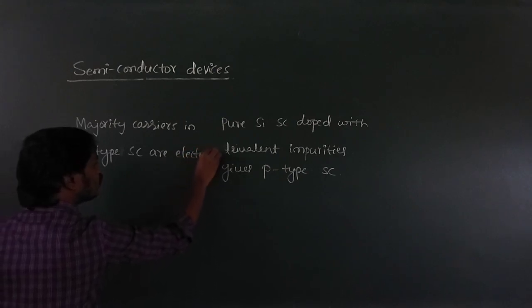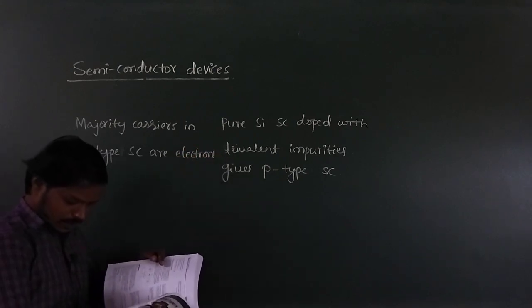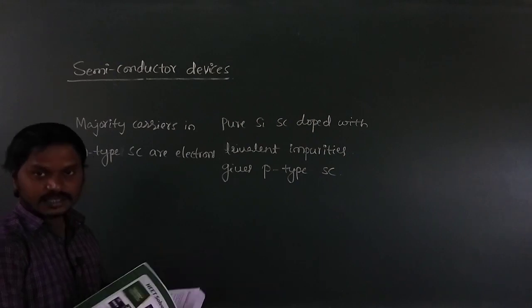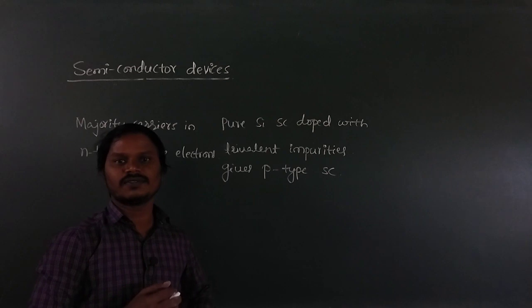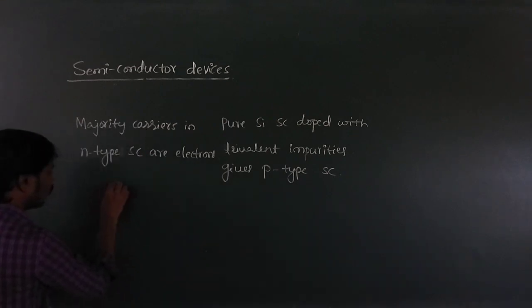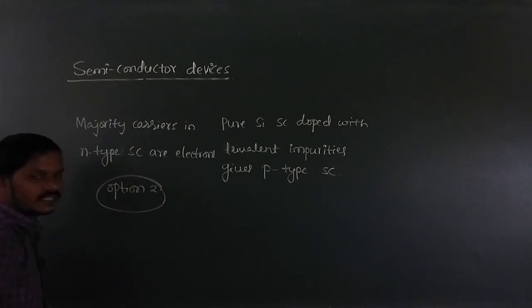But in this second statement, what is given? Majority carriers in an n-type semiconductor are holes. Hence the second statement is false, so option 2 is correct here.